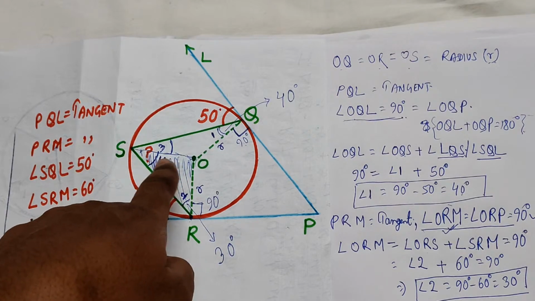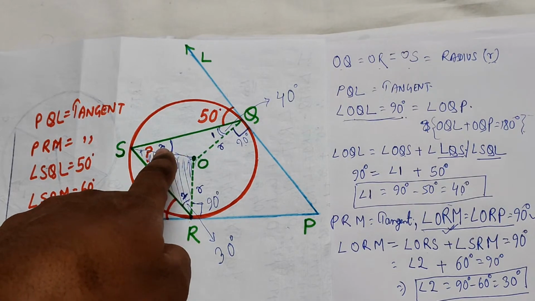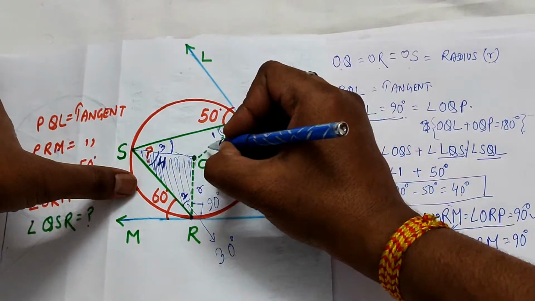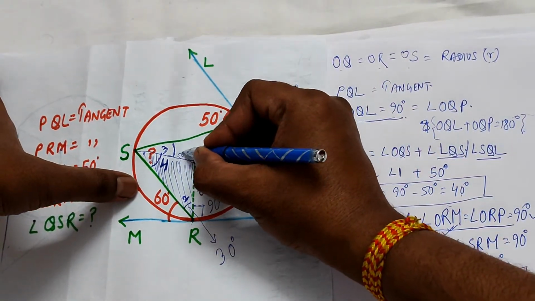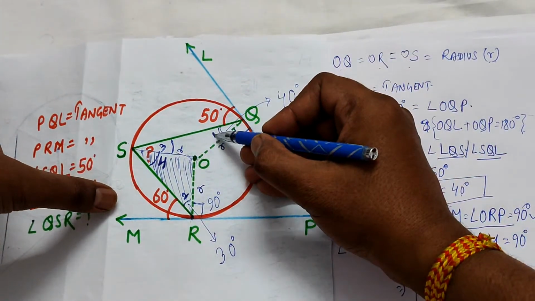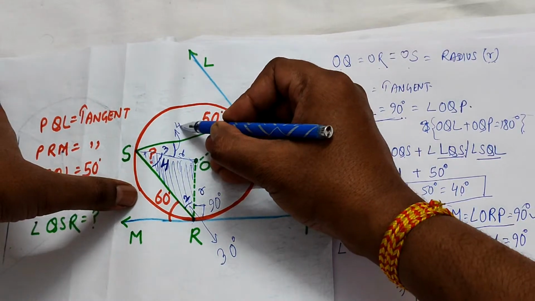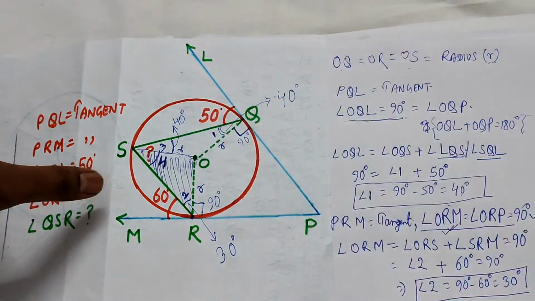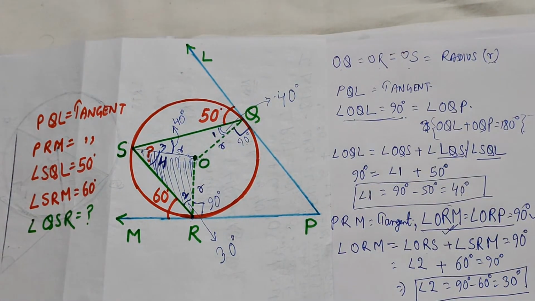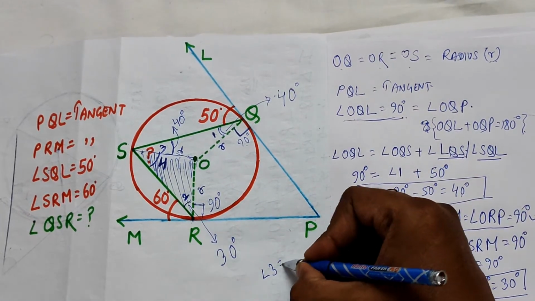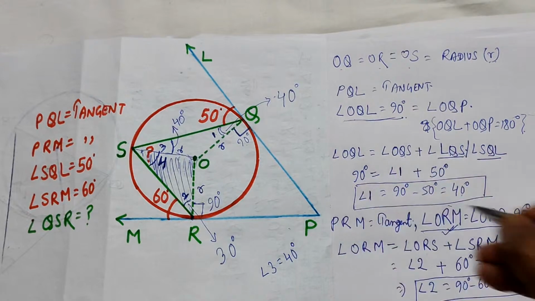And we know that angles opposite to the equal sides of a triangle are equal. If this is radius, then OS is also a radius. If this is 40 degrees, then angle 3 is also 40 degrees, right? So angle 3 is calculated as 40 degrees.